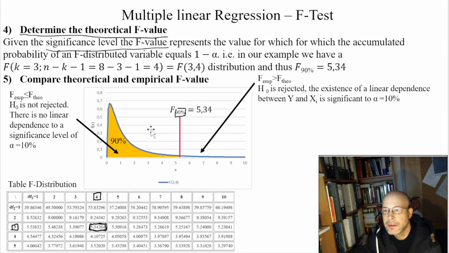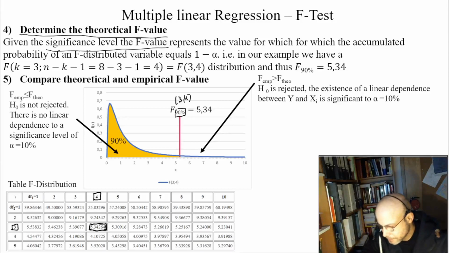And then we have to compare our empirical value, which we will calculate in a minute, and we have to look, is it larger or lower than our theoretical value F3,4 to a significance level of 10%.